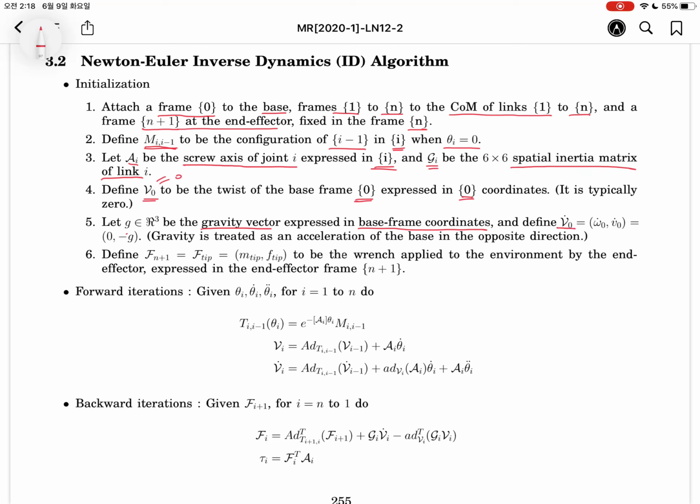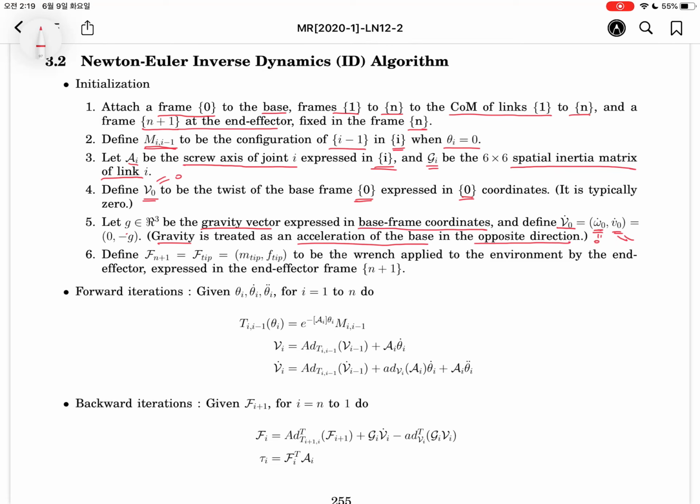The acceleration V0 dot will be the angular acceleration and the linear acceleration. The initial angular acceleration will be given as 0, but the initial linear acceleration is replaced with the gravity vector. The gravity is treated as an acceleration of the base in the opposite direction.